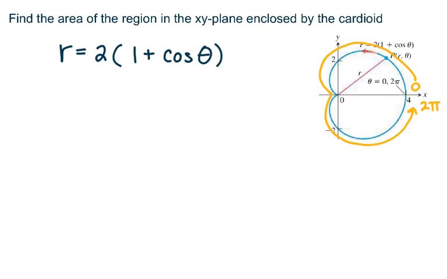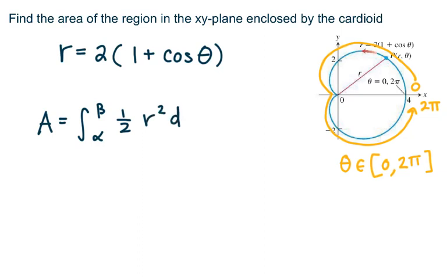Okay, so this is one full rotation from 0 to 2 pi of theta, that's what we're going to be calculating the area of. So this is a rather simple problem to set up. We defined our formula on the previous slide. But we would say we've got the area from alpha to beta of 1/2 r squared d theta.